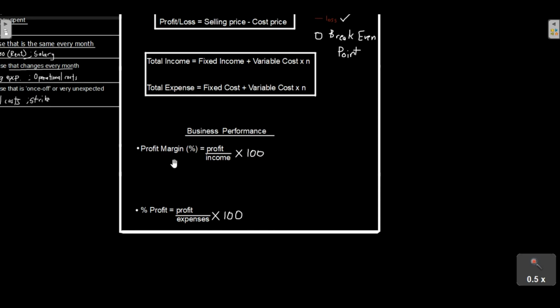The profit margin is a comparison between the profit that you have made and the income that you have received. Let's say in January you made 100 rands profit with an income you received of, let's say, 1,000.